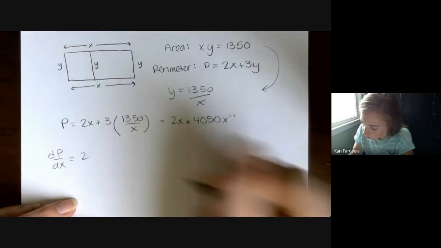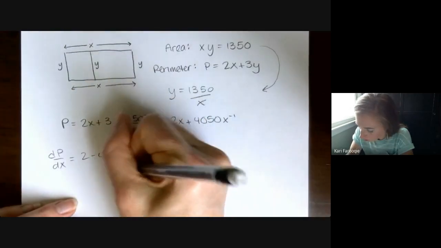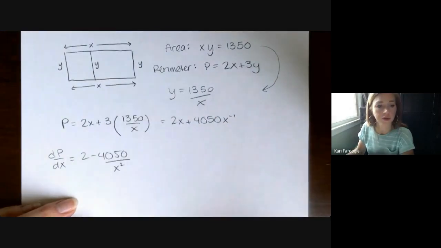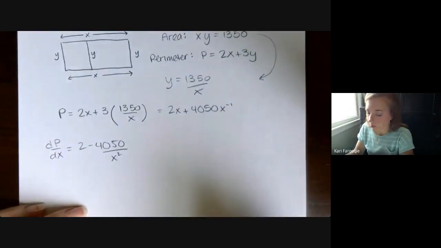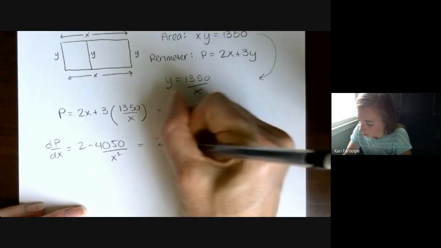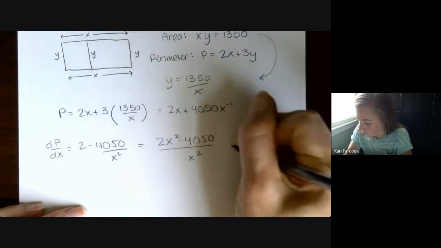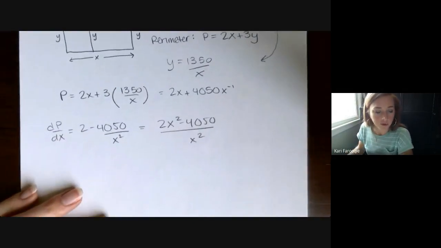dP/dx is 2 minus 40/50 x to the negative second, so over x squared. If you want, you can write that as 2x squared minus 40/50 divided by x squared, up to you.